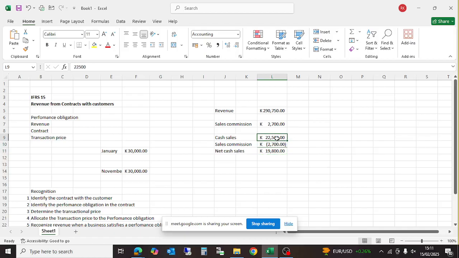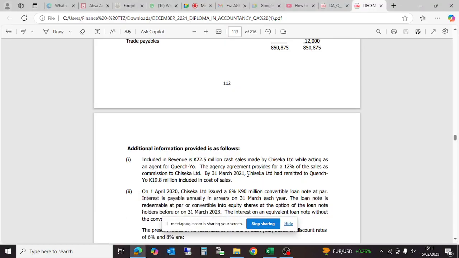It was 22,500 in terms of cash sales, sales commission 2,700, and the net cash sales is 19,800. What are they telling us? They are saying the 19.8 million, which is the 19,800 that we have in our data, is actually already included in the cost of sales.